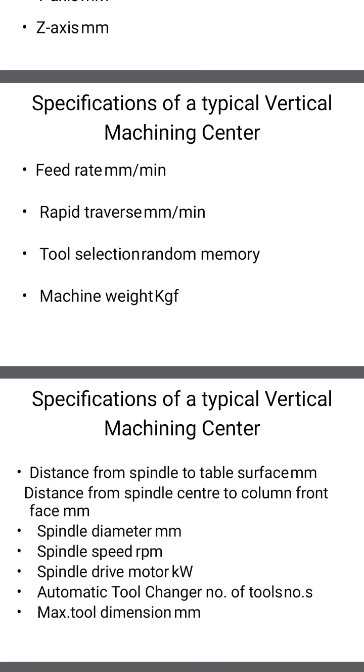Next, swing over bed, 150 mm, swing means rotating. Next, swing over cross slide, 50 mm. Swing distance between the centers, 300 mm. Travel x-axis.